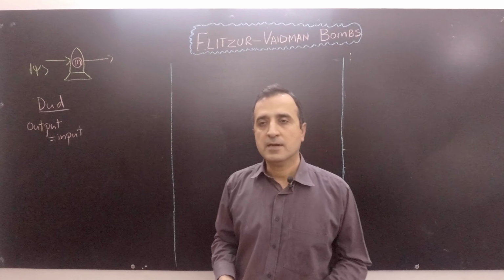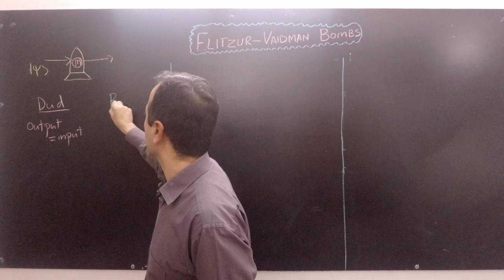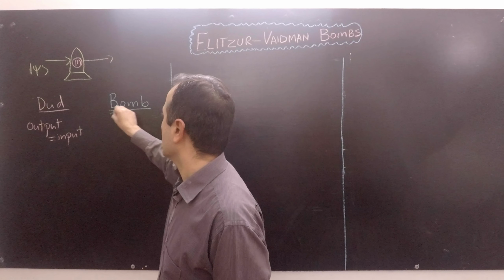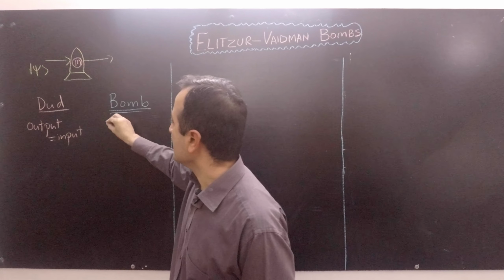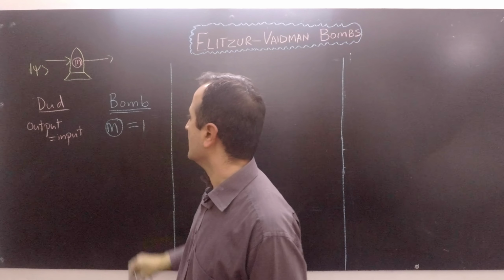In contrast to that, when the device is a bomb, then the input will be measured, and if the measurement result is equal to 1, then the device will explode.